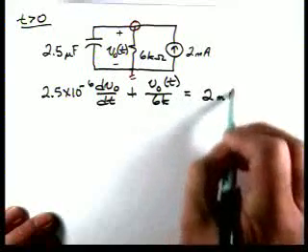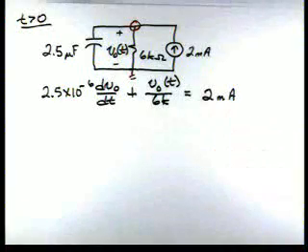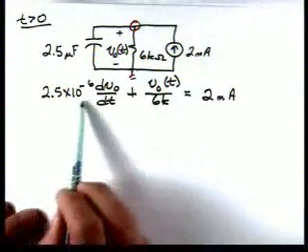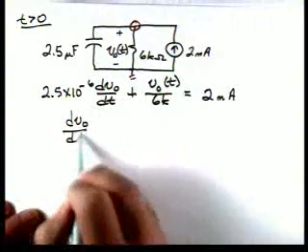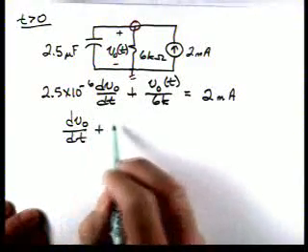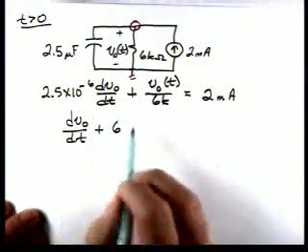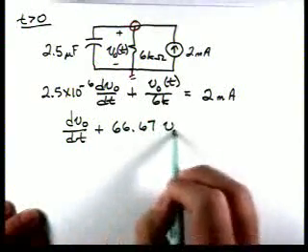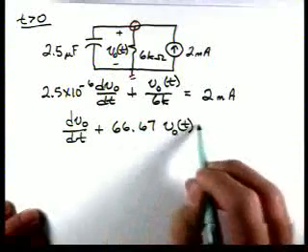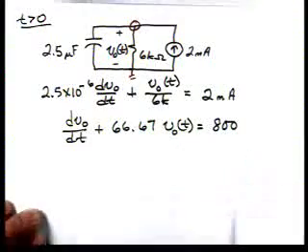That's equal to 2 milliamps. Now, let's divide through by the 2.5 times 10 to the minus 6. So we have dV0 dt plus 66.67 V0 of t, and that's equal to 800.